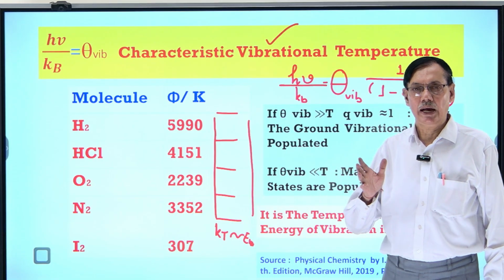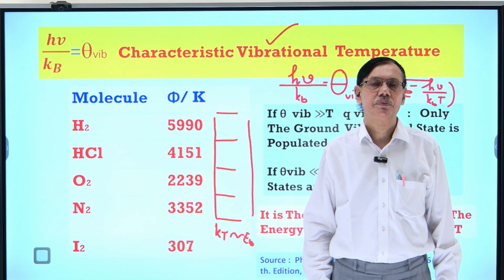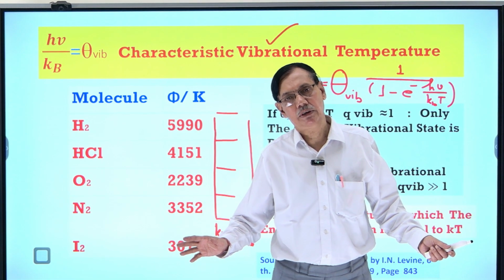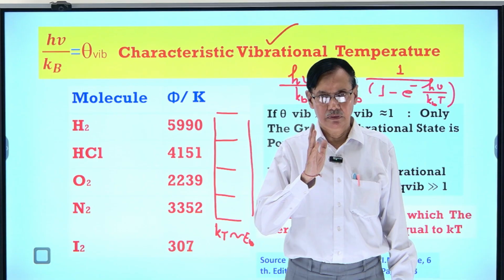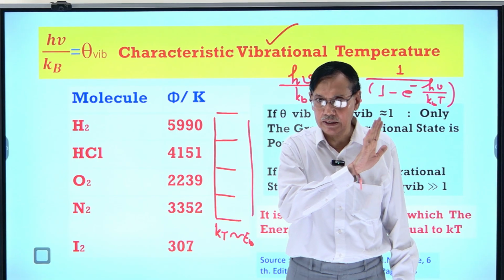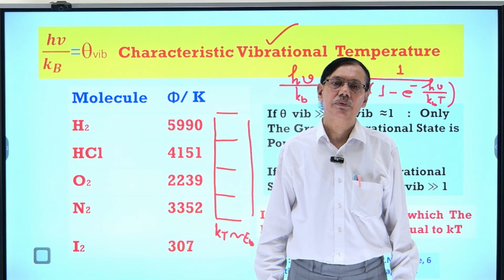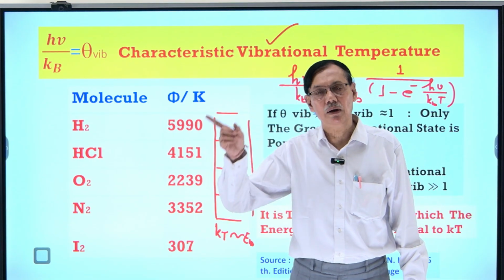Now I am going to derive the vibrational partition function. Before I go for derivation, I explain what the degree of degeneracy is in that case. Again and again I am saying that it is a non-degenerate level because we are considering a one-dimensional harmonic oscillator. You have seen the photographs.